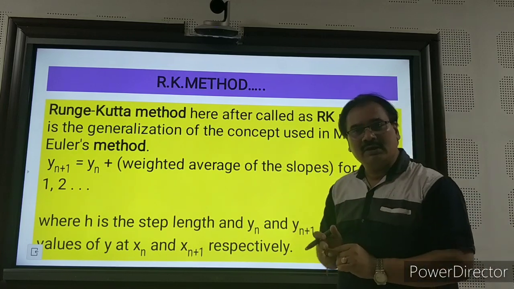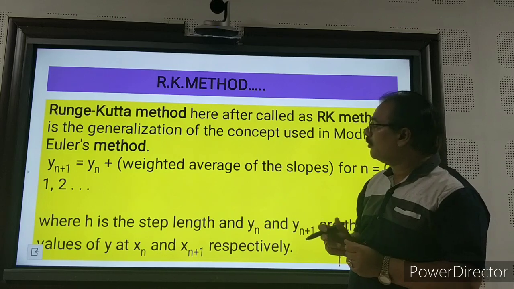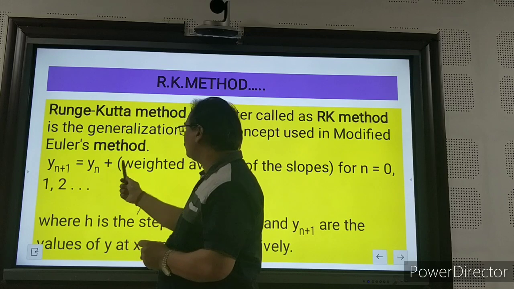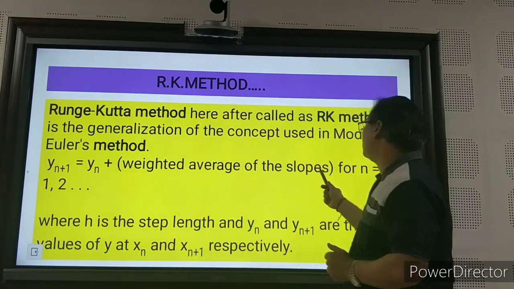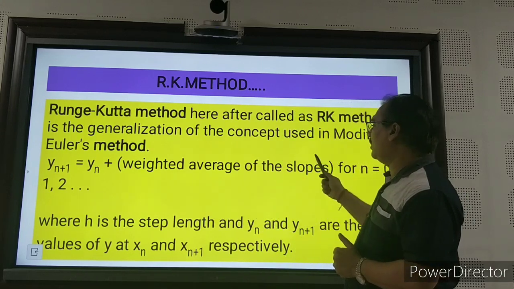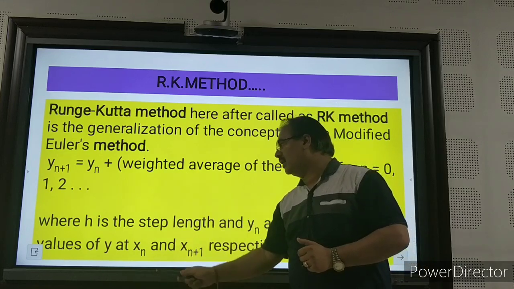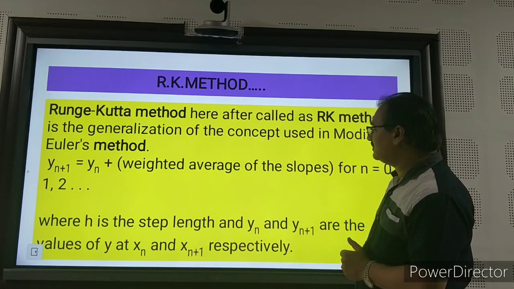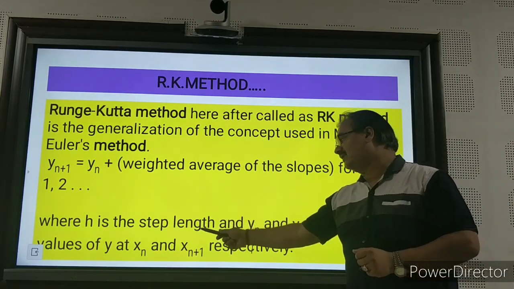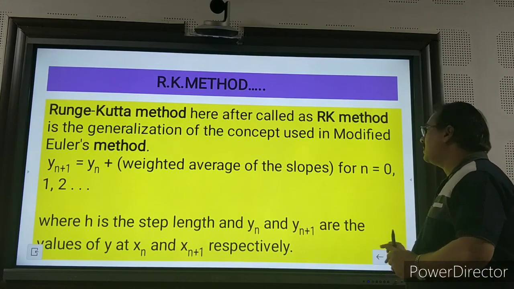Just to remind yourself of what you studied in Euler's modified method: yn plus 1 is equal to yn plus the weighted average of the slopes, for n equal to 0, 1, 2 and so on. Here h is the step length, and yn and yn plus 1 are the values of y at xn and the next ordinate, xn plus 1, respectively.